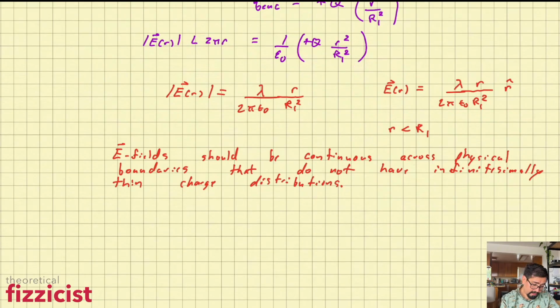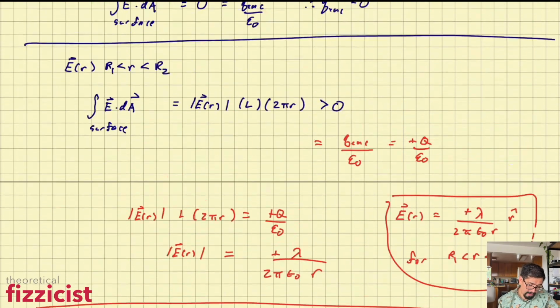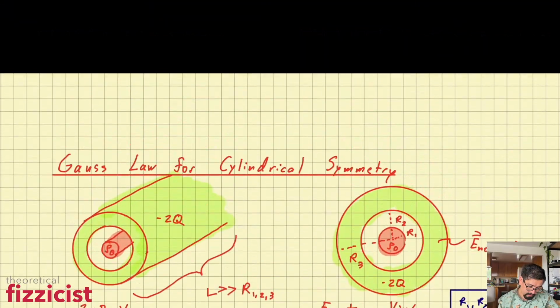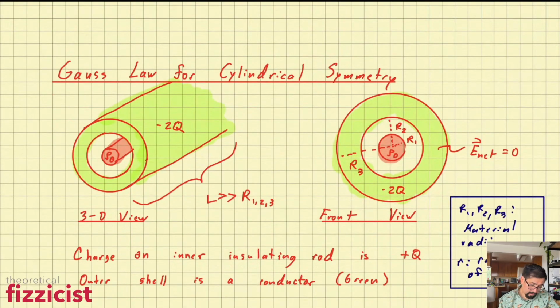So let's go ahead and talk about this. If we go back to our top problem, the original premise of the problem, what I'm saying is this: since there isn't an infinitesimally thin boundary of charge right here, whatever the electric field strength is at this boundary as predicted by our calculation on the inner radii versus the outer radii at this boundary, mathematically speaking, the electric field strength should be a continuous function at that boundary.